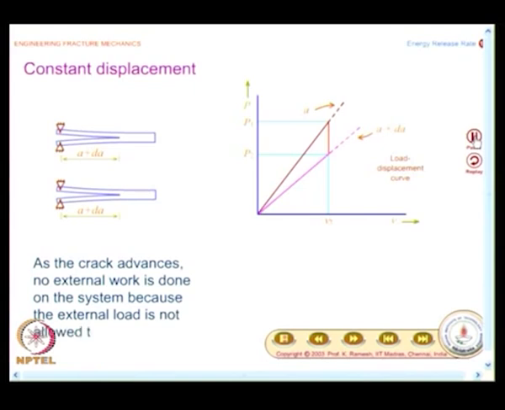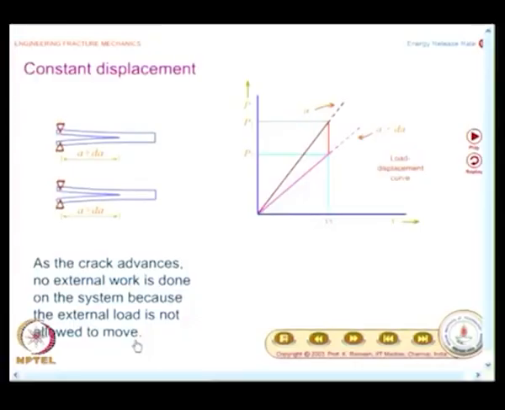Before that, you will have to make one important observation. As the crack advances, no external work is done on the system, because the external load is not allowed to move. It is a very important observation.